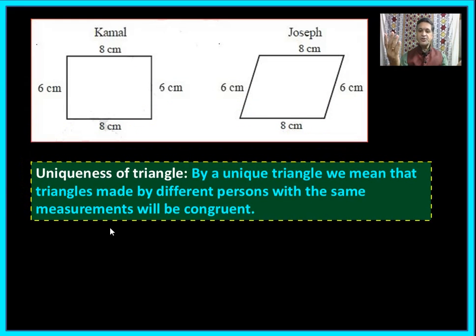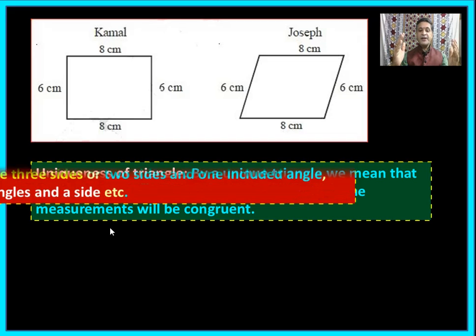Uniqueness. We learned about the uniqueness of a triangle. By a unique triangle, we mean that triangles made by different persons, either Kamal or Joseph or whoever it may be, with the same measurements will be congruent. This is called uniqueness. Uniqueness of a triangle we already learned in the previous class.